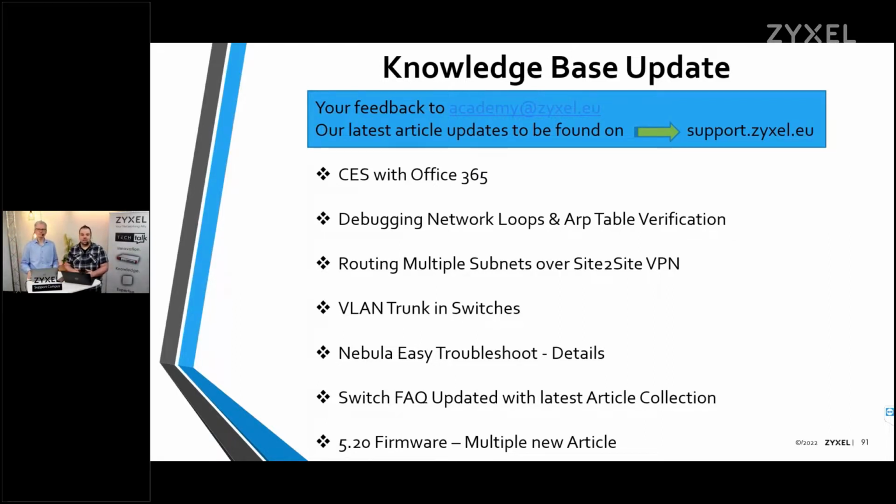Yeah. So the highlight is that we created the CES article, Cloud Email Security with Office 365. This was a highly requested article, as our customers want to know how they can combine Cloud Email Security with their Office 365 for optimal protection. And there are some other updates related to the Nebula Easy Troubleshoot wizard.